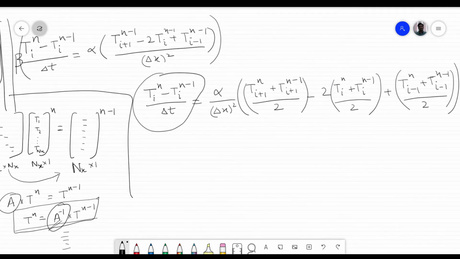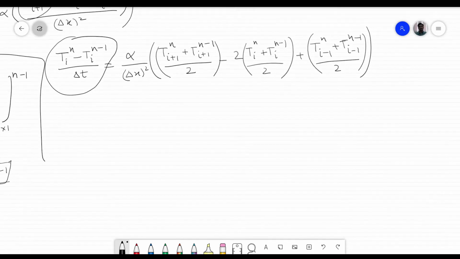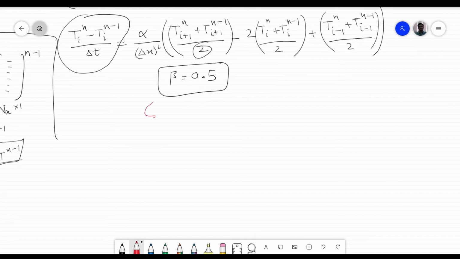And on the right hand side, you will get these factors beta of Ti plus 1 and minus 1 plus 1 minus beta of the implicit term. Okay, this is a special case when this beta is 0.5. Both are multiplied by 0.5, that is this 1 by 2 here. So this particular scheme is known as Crank-Nicolson scheme.